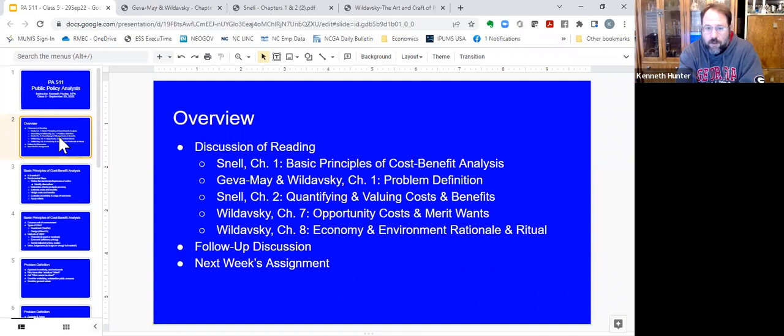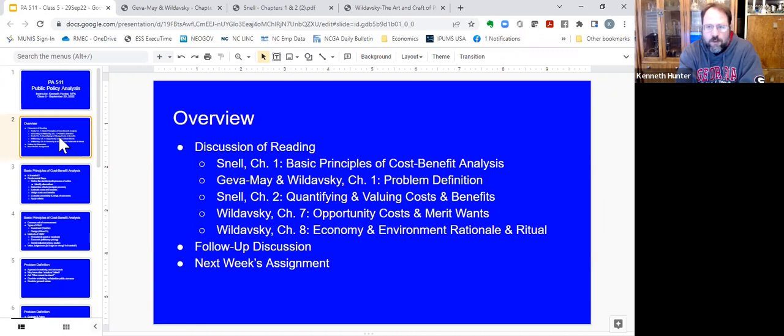As we know, Vildovsky described early on in the primary text how policy analysis is a solution in search of a problem, and problem definition is a critical aspect of being able to conduct effective cost benefit analysis. Then we'll go back to Snell, chapter 2, quantifying and valuing costs and benefits.